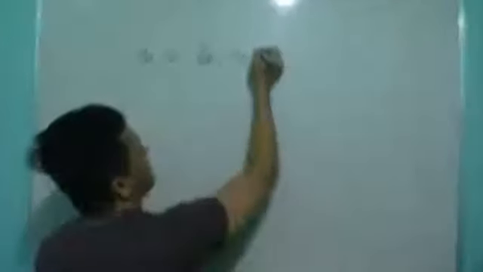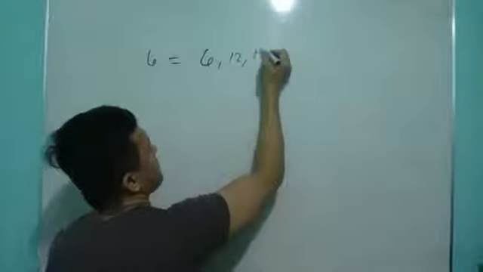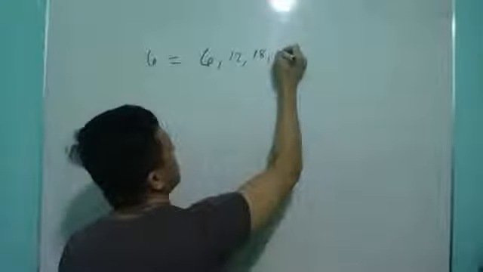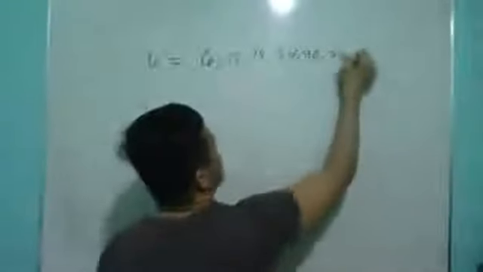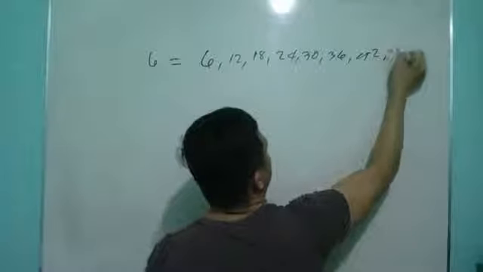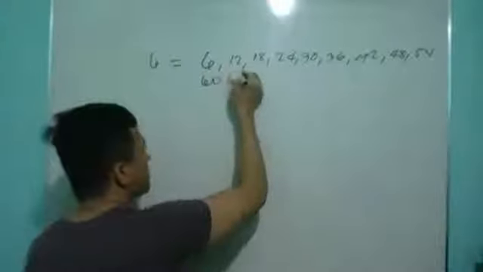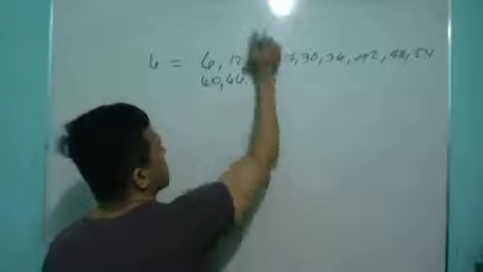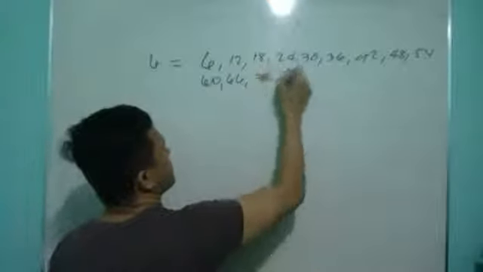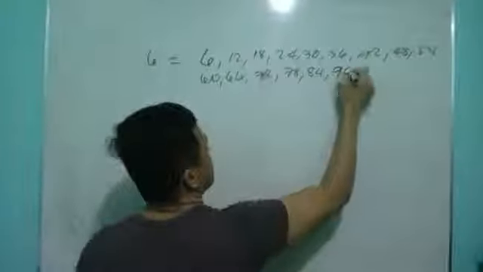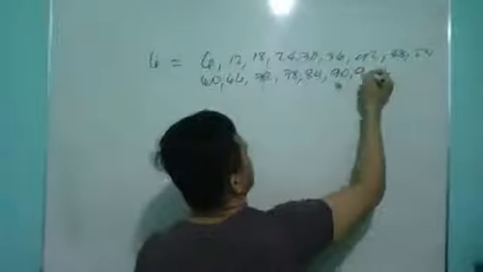So 6, 12, 18, 24, 30, 36, 42, 48, 54, 60, 66, 72, 78, 84, 90, and then 96.